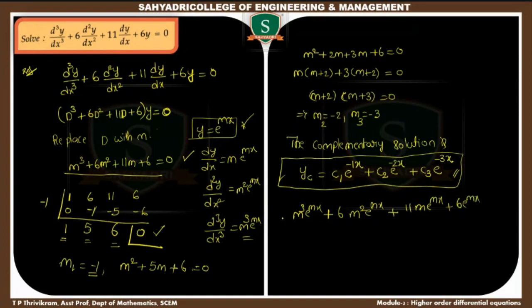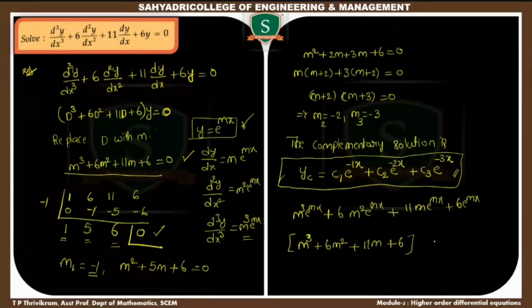If you take e power mx common, what happens? m cube will be in the first term, plus 6m square in the second term, plus 11m in the third term, plus 6 in the last term. So e power mx.